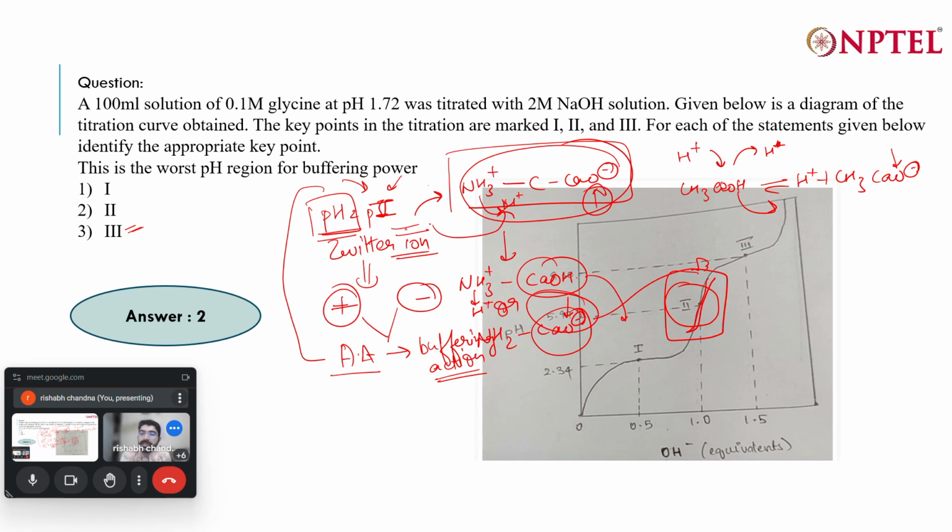Okay, so here we are talking about the buffering power of the amino acid. What is the best buffering power of an amino acid? We are talking here about the buffering power of glycine or NaOH. Glycine. Okay, because the titration curve is for glycine, right?